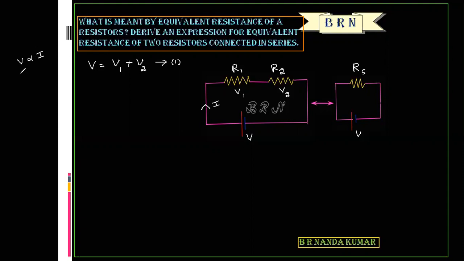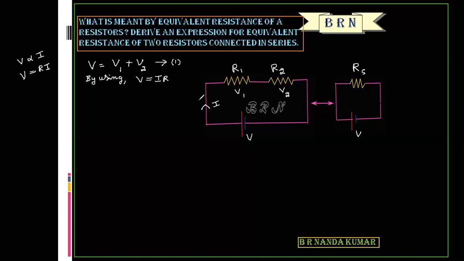Removing the proportionality, we get the proportionality constant R: V is equal to IR. Now by using Ohm's law, V is equal to IR.